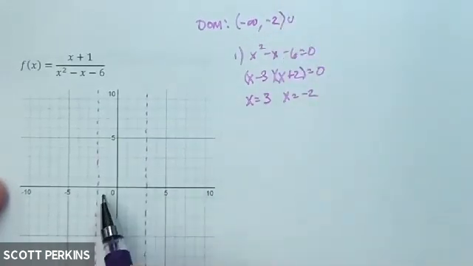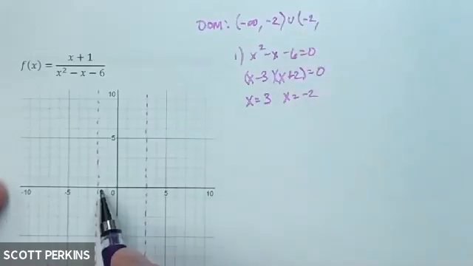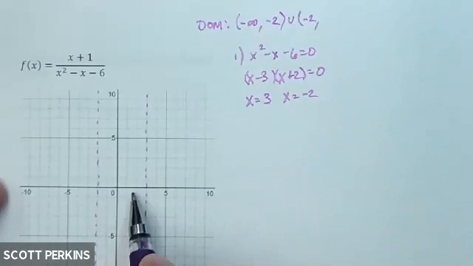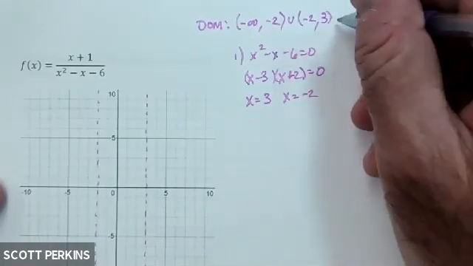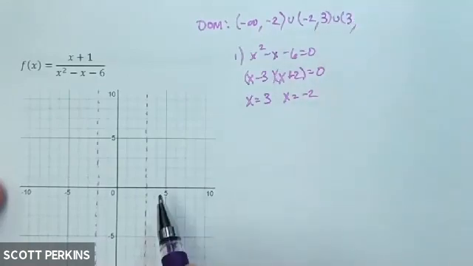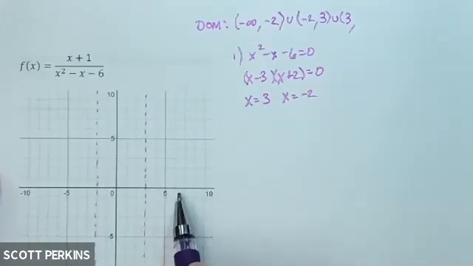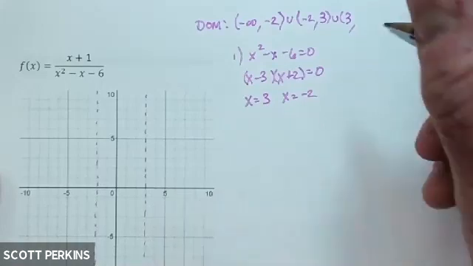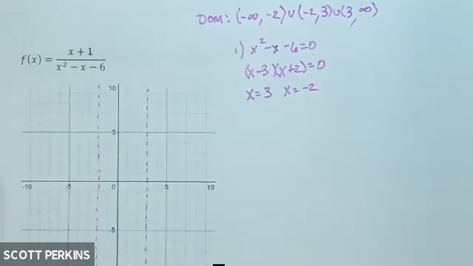Now I get here in the middle and I go from -2, walking along the x-axis. What's the next problem that I have? 3, yep. And then union, and then we pick up at 3, and then I do not have any more problem areas. You could have more. There are rational functions that have lots and lots of vertical asymptotes, but not in this class. For us, this is as complicated as they're going to get.